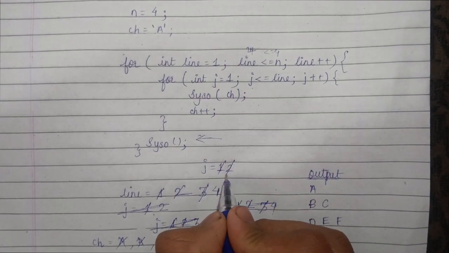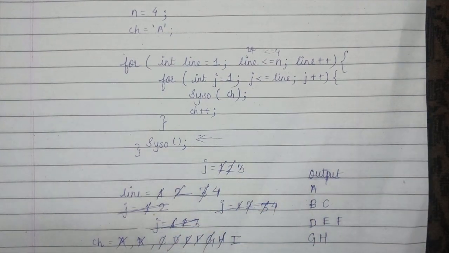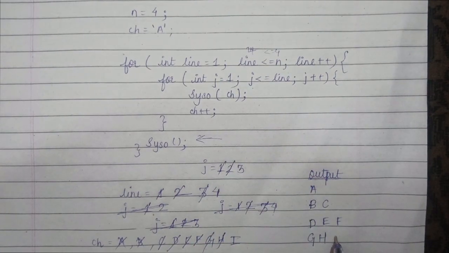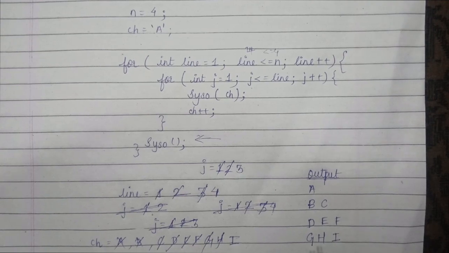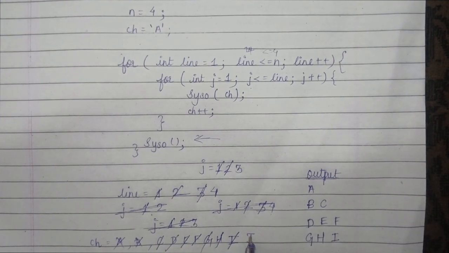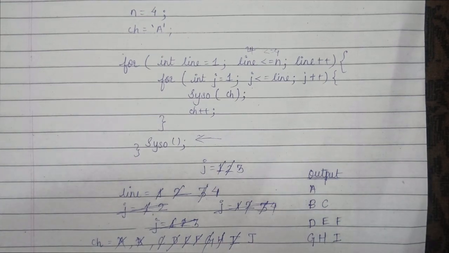Now j's value has become 3. Is 3 less than or equal to 4? The condition will be true. Then it will print the character I, the current character, and update it. Now the character is J.